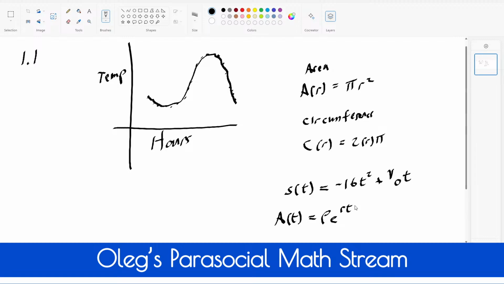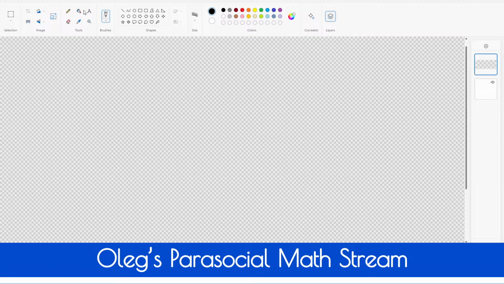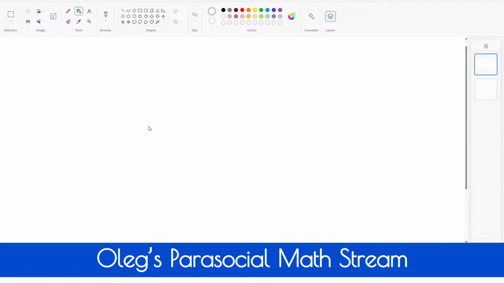Given an algebraic formula for a function f, the graph of f is the set of points x. Here we go. So let's just go to a new page here. So let's see here.